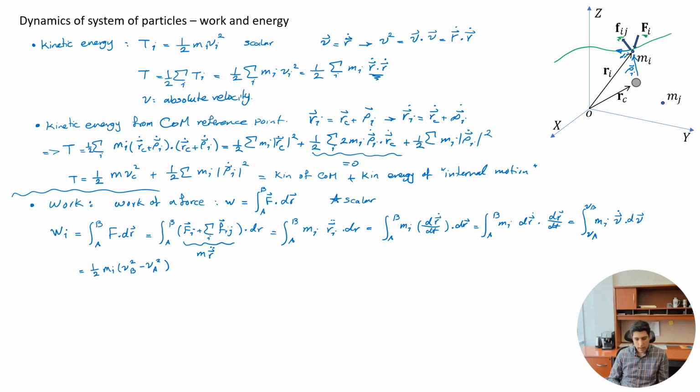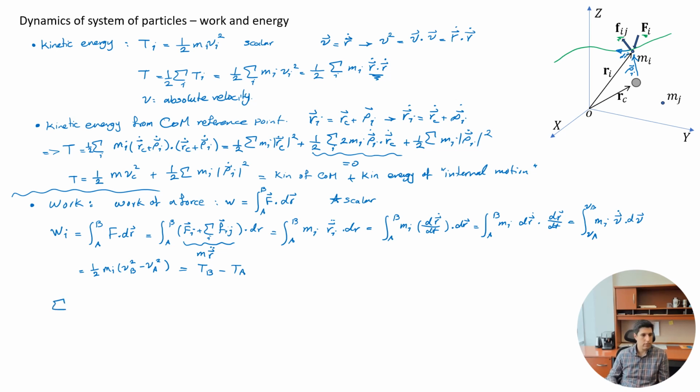Okay, this is called the principle of work and energy, but let's write it as so: T at B minus T at A, the change in kinetic energy between the two points. And I can add these effects over all the particles in my system.